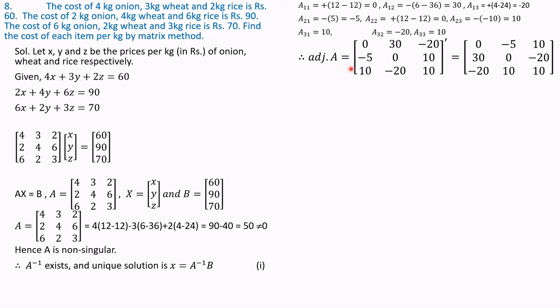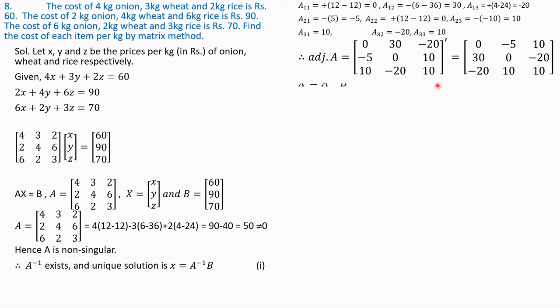Therefore, for the adjoint of A, we substitute these elements: 0, minus 30, minus 20; minus 5, 0, 10; 10, minus 20, 10. Then we transpose, that is, interchange rows and columns: 0, 30, minus 20; minus 5, 0, 10; 10, minus 20, 10.